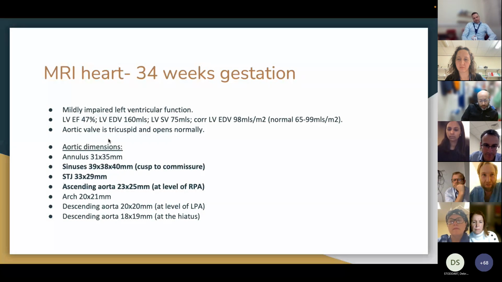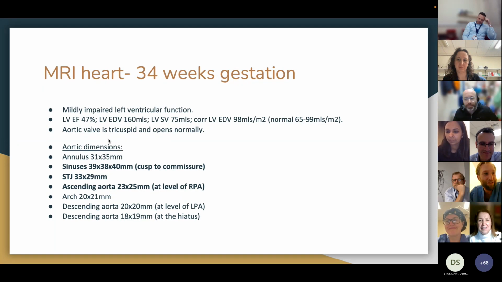I think you've got someone with a progressive dilatation who is at the upper end or above the limit for vaginal delivery, on top of someone with a family history of death from dissection, which in itself puts her into the high risk category. And whilst my team will be surprised to hear me say this, I think a cesarean would be the right way forward, though I do bear in mind what we saw earlier about that cardiac output in the postpartum period as well.